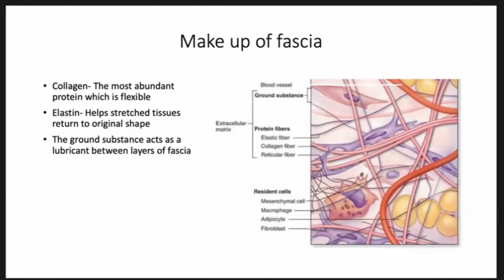That's what the macrophage does. But you've got basically fascia which is alive within us, and that's the main thing that we need to really think of. This is not a dead substance, this is not something that's just there, not changing, not doing anything. This is very much alive. So we can still change and adapt it.